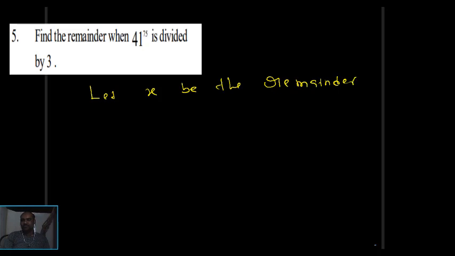Now, next problem, students. Find the remainder when 41 power 75 is divided by 3. Let x be the remainder. Means 41 power 75 is congruent to x modulo 3.